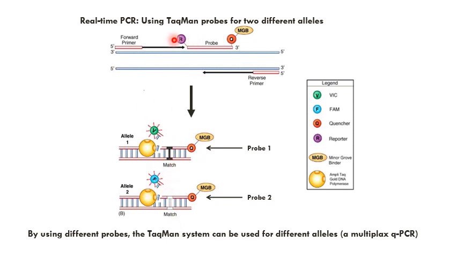So as you can see, changing the reporter dye will give us many signals according to the detection of these fluorescence colors, and they will be reported as different colors and different peaks. Therefore, you can quantify many alleles or many locations at the same time.